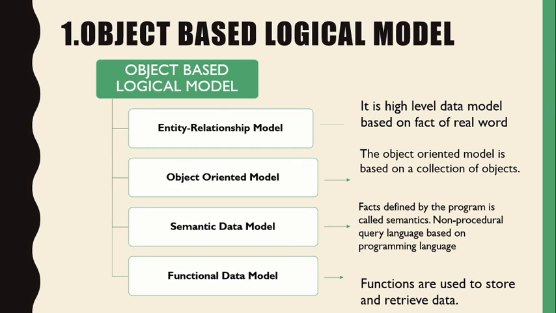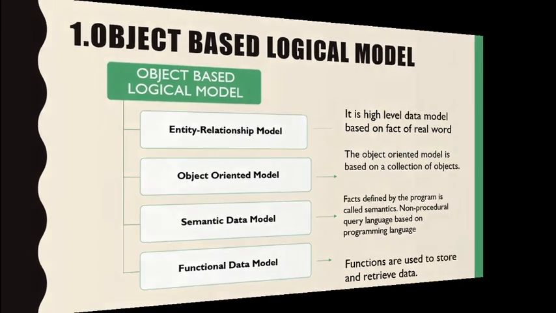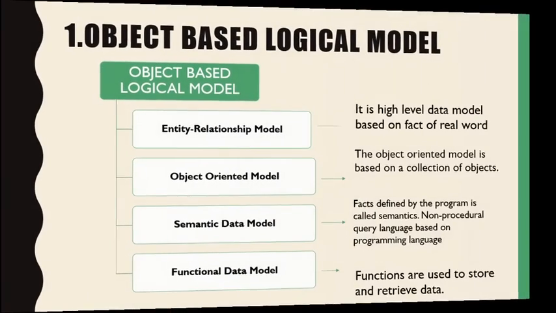These are the real world. Which course those students select, and which teachers conduct that course. In a college database management system, students, teachers, and departments are the different real-world things, so it is known as the entity relationship model.